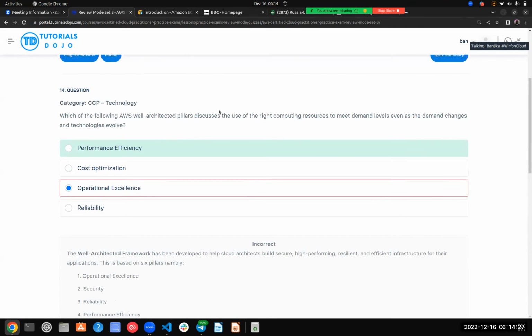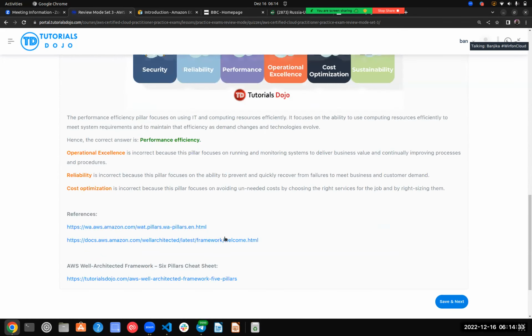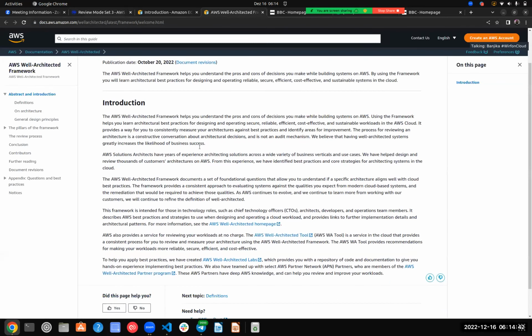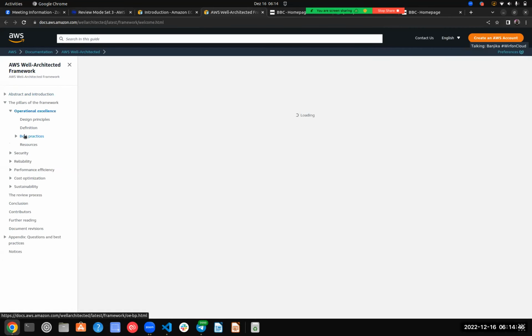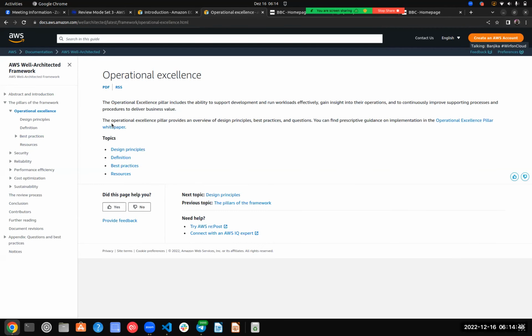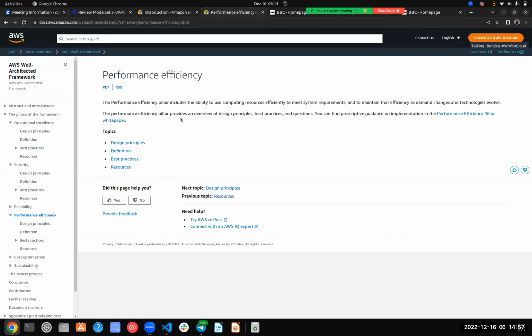These are the kind of questions you should likely see in the exam. If you go to the pillars and you read what is in each of them, I think it's just the introductory part. You don't even have to go far. You see what that is.